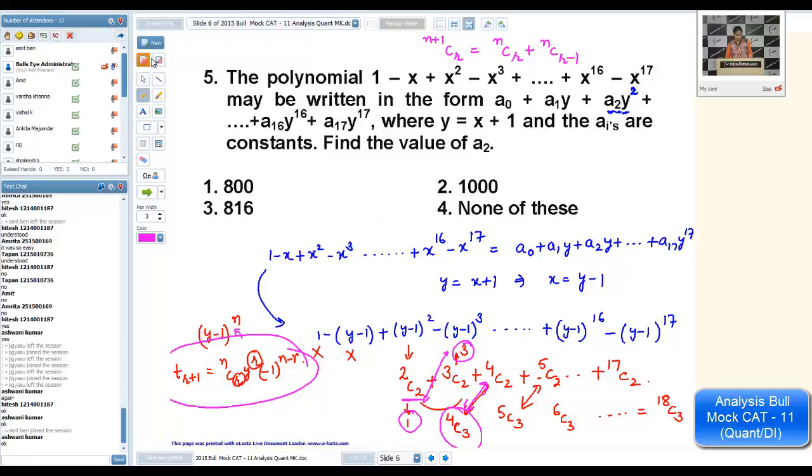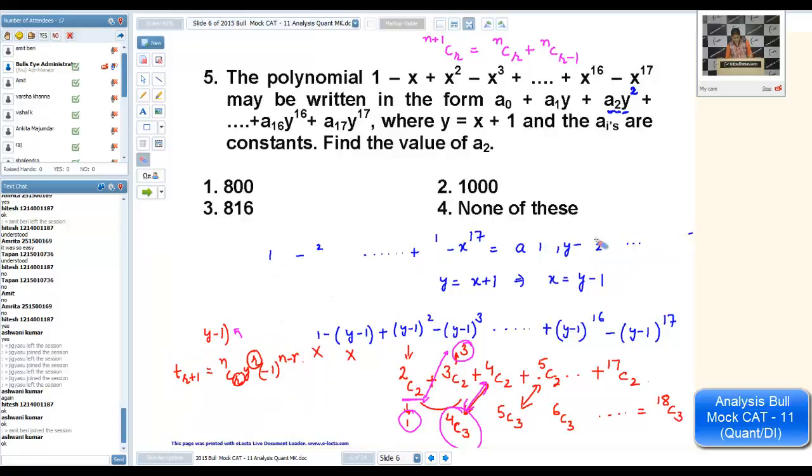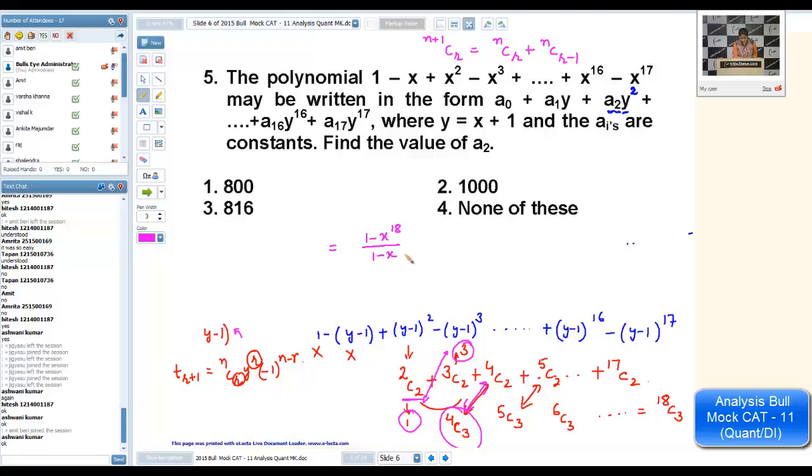Now let me come to one more approach for the same question. The original expression can be written as (1 minus x raised to power 18) divided by (1 minus x).